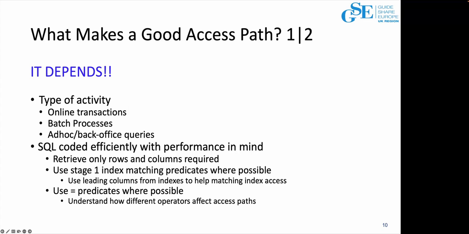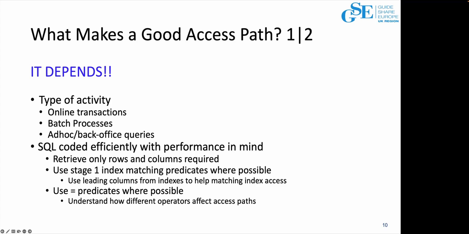As we know, the optimizer can do amazing things, and it can rewrite and reorder some predicates, but there are still good standards that we should follow, which can help to get us a better access path. Things like only asking for rows and columns that are actually required.